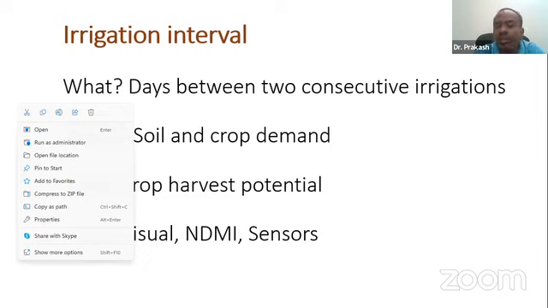So NDMI can help get the proper irrigation interval as per the crop stage as well as crop duration. Then by in situ visual observation, when we are in the field, we can collect soil from the root zone depth and make a visual observation of whether it is in optimum condition or not. Such methods we can use for deciding irrigation intervals.